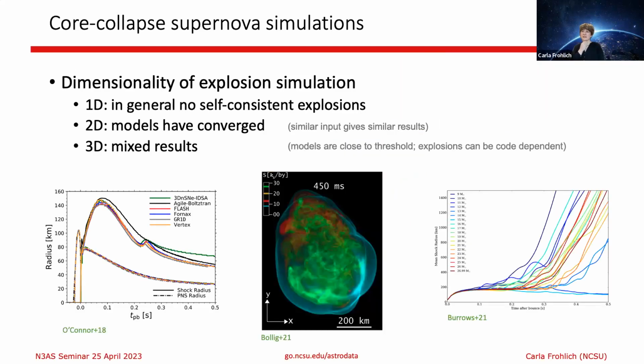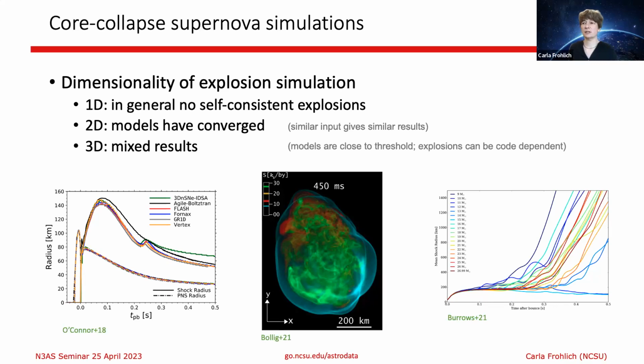Now, the status of the field is that in spherically symmetric or 1D simulations, generally, unless you do something, even if you do the best physics you can, it doesn't lead to explosions. And this is shown in the bottom left figure, which is from a code comparison paper led by Evan O'Connor. It shows different one-dimensional simulations.